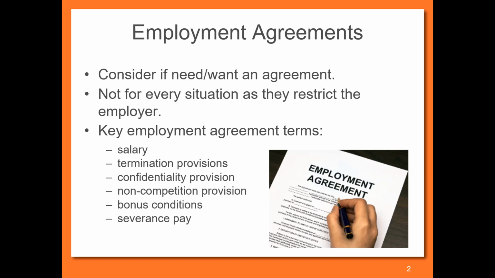That provision should also include something that requires the employee to return the confidential information at the request of the employer or at the time of termination at the end of the relationship. Non-competition provisions, we'll hit on that in a few minutes.